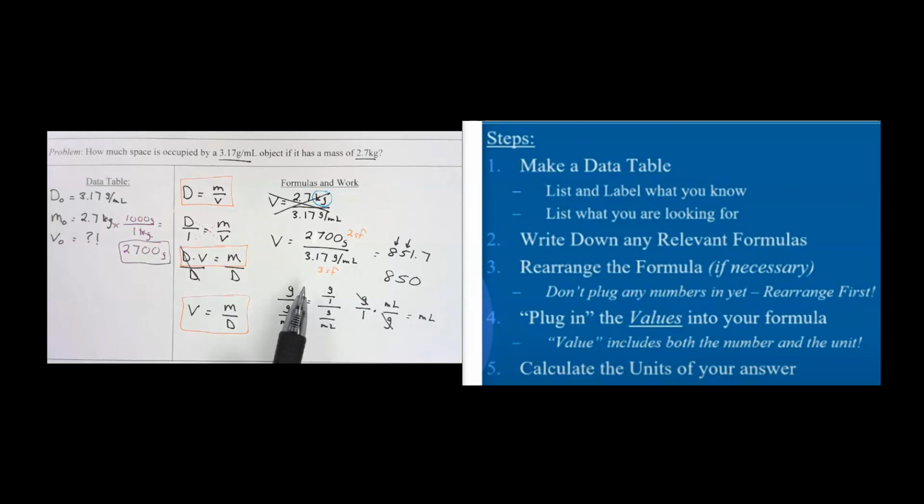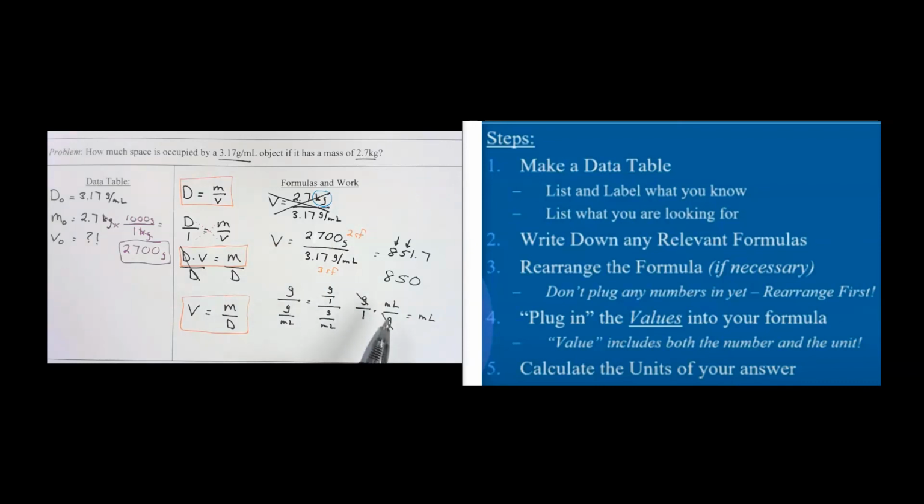This is the easiest thing to do. All right, so anytime you have a mass divided by a density, the mass component should cancel right here. Okay, you should be left with the volume component, which is what you have. You had to change kilograms from the 2.7 into grams though, because if you didn't, you wouldn't get grams canceling out with grams.